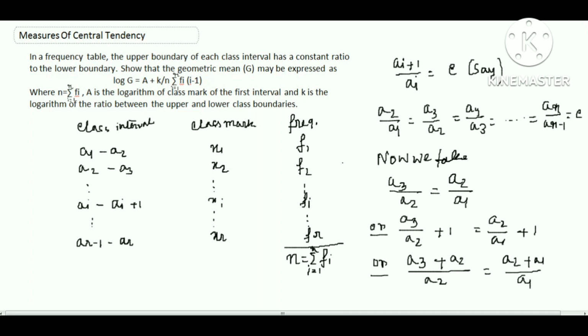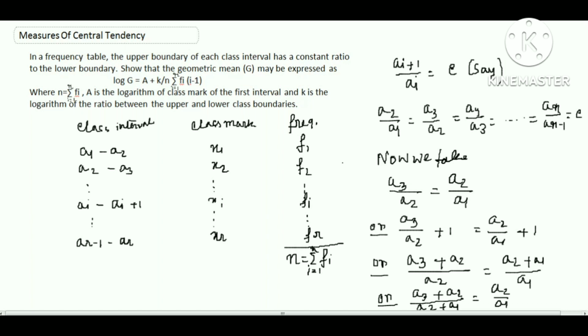Now if we change the side of this, then we have (A3 plus A2) divided by (A2 plus A1) equals A2 divided by A1.